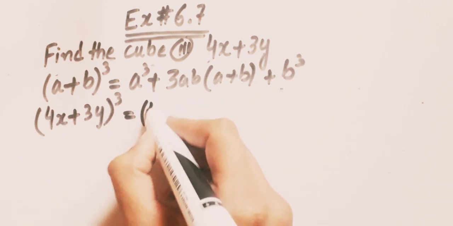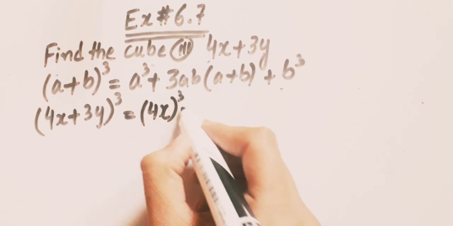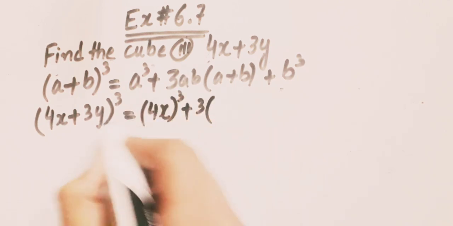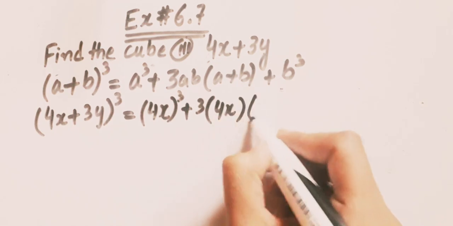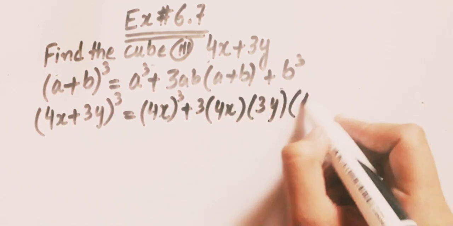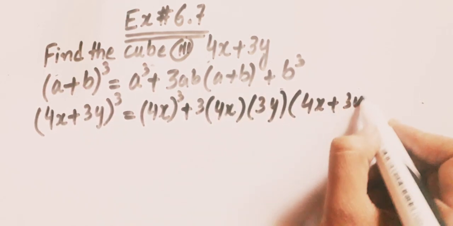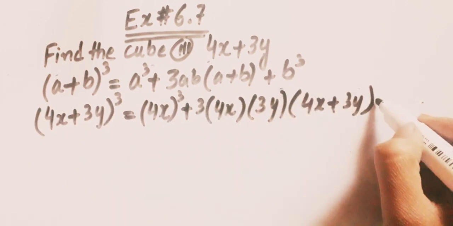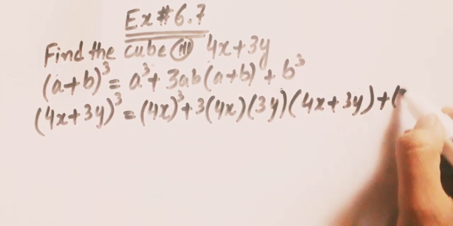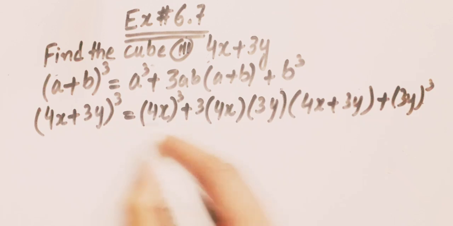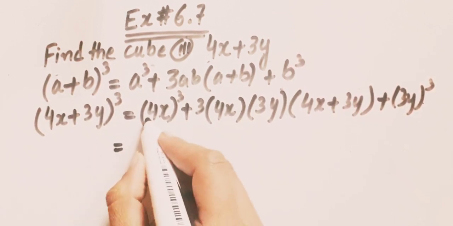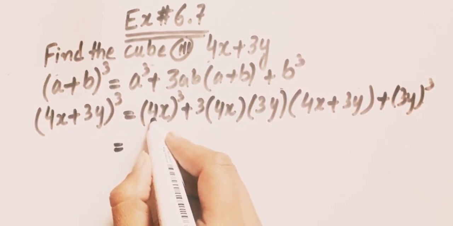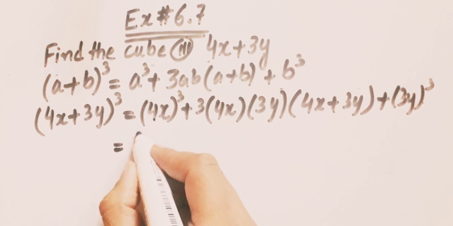So a cube means (4x) cube plus 3 into a is 4x and b is 3y, (4x plus 3y), plus b cube is (3y) cube. So 4 into 4 is 16. 16 into 4 is 64.